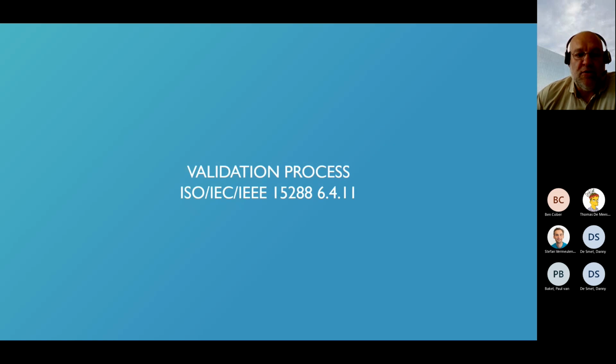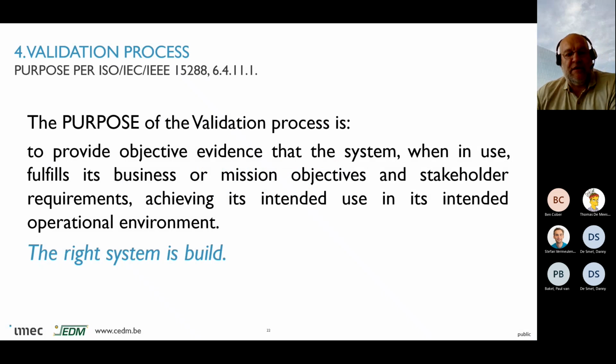Then we go to the validation process, and that is slightly different, but not very much different. The purpose is different from the verification process in the sense that it wants to provide objective evidence that the system, when in use, fulfills its business or mission objectives and stakeholder requirements, and that it achieves its intended use in its intended operational environment.